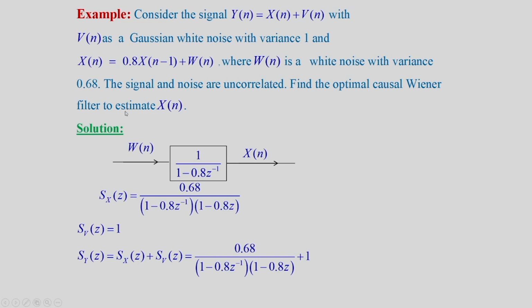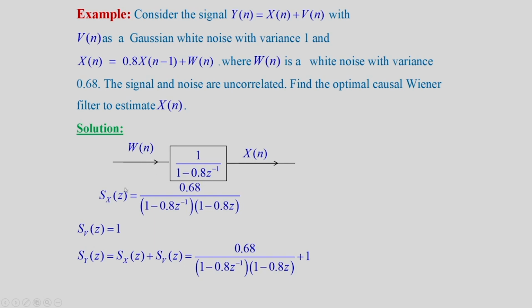First we will see what is the power spectral density of x(n). This is an AR(1) model: you are passing w(n), the white noise, through the filter 1 by 1 minus 0.8 z inverse, and we get x(n), the WSS output.